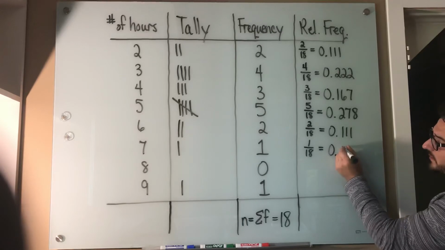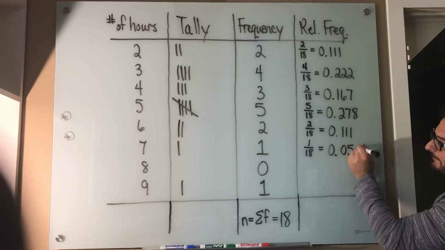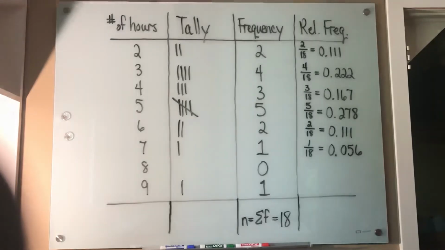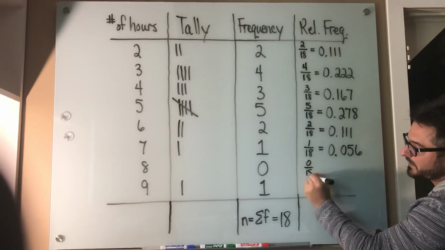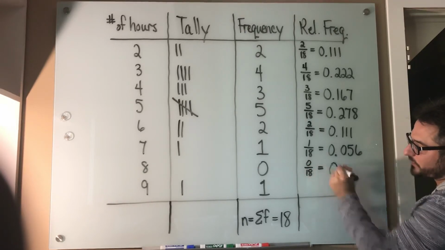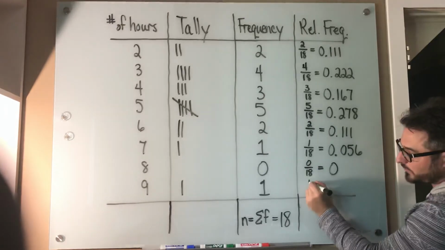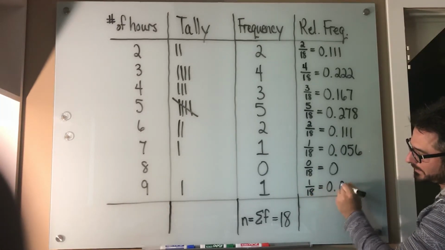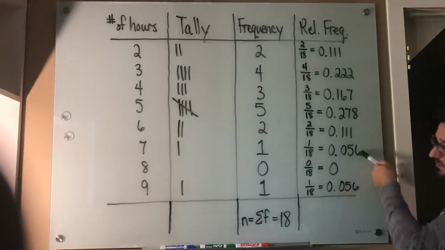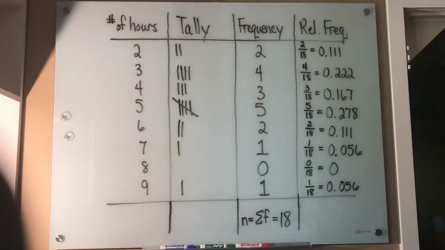So, we again round it, and it becomes 0.056. 0 out of 18 is, of course, 0. And once again, we have 1 out of 18. Which, like before, will round to 0.056.